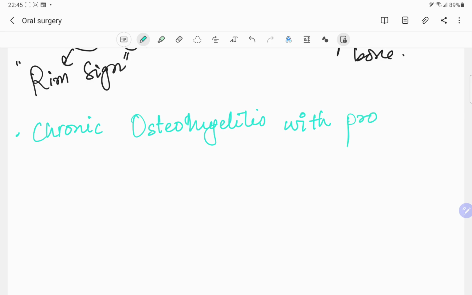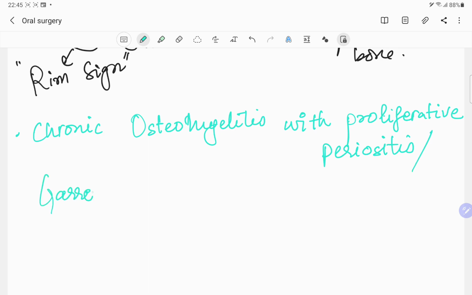That means instead of going into necrosis, the bone, in response to the inflammation, starts reacting. So that is the reactive lesion. Instead of going dead, the bone starts proliferating. This condition is also known as Garre's osteomyelitis, since it was described by Garre.